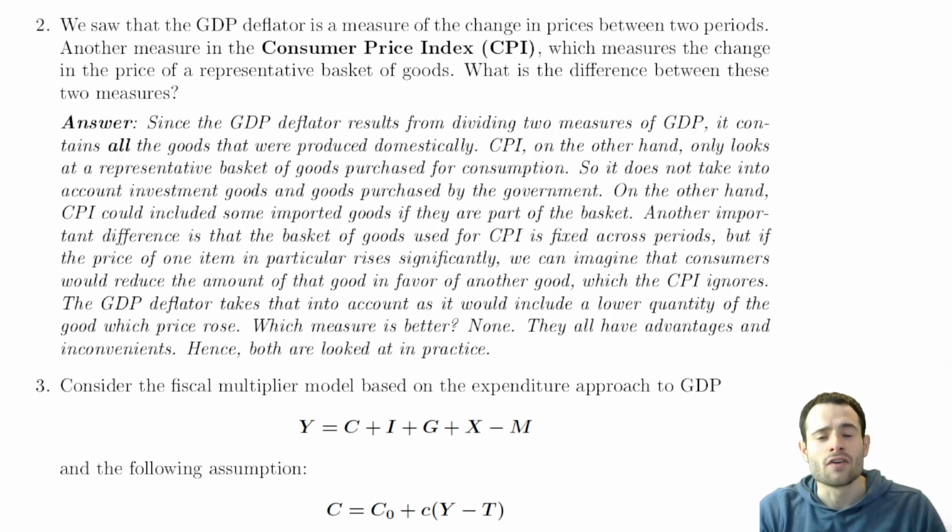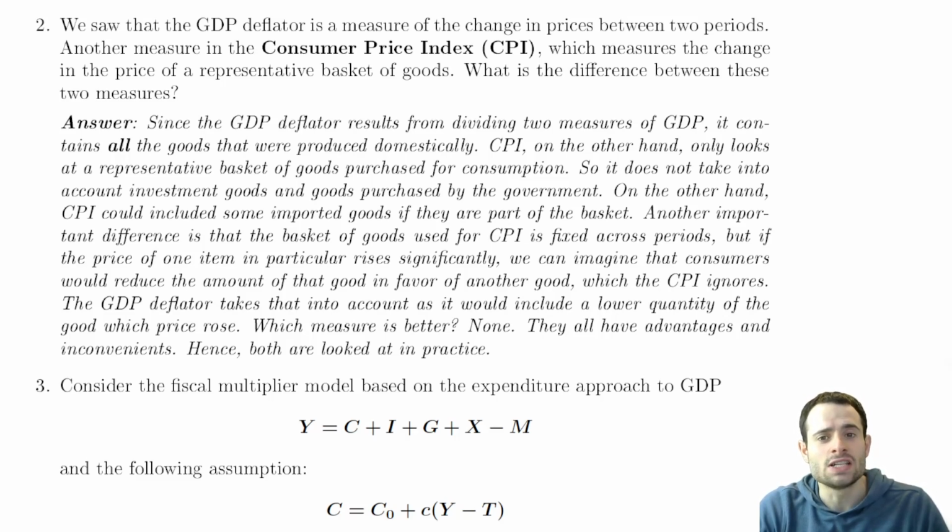So, for instance, if oranges are included in the basket, we are going to look at how much of people's budget, of the representative household's budget, oranges represent, let's say 1%. And then we look at the increase in the price of oranges between two periods and multiply it by this 1%. Doing this for all the other prices of all the goods in this basket, we then obtain one single number, which is pretty much an average increase or decrease in the prices of goods.